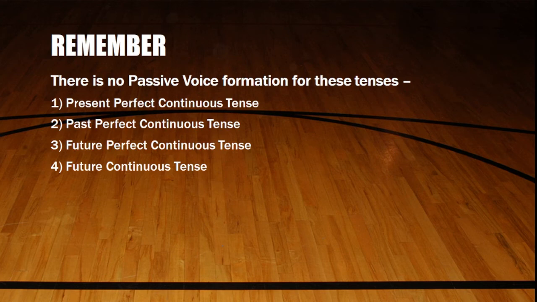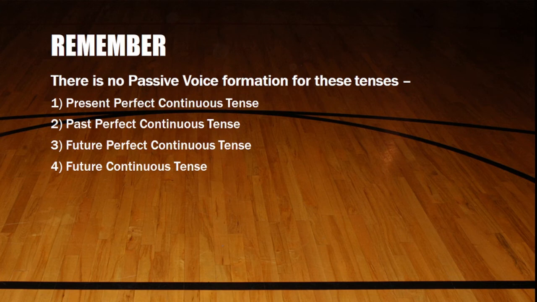For example, in the present perfect continuous tense, past perfect continuous tense, future perfect continuous tense, and the future continuous tense. You see, it's majorly the continuous tenses, the perfect continuous tenses, where we do not have the passive voice.